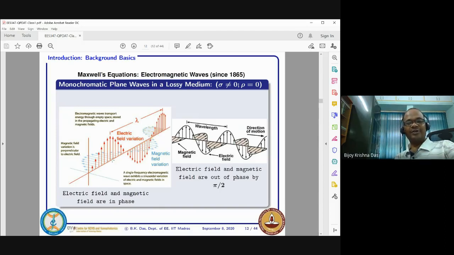The electric field will start reducing, and the magnetic field at that point also starts reducing. At a certain point, both the electric field and magnetic field are zero. Then the electric field oscillates in the negative direction, and the magnetic field in the negative direction too.